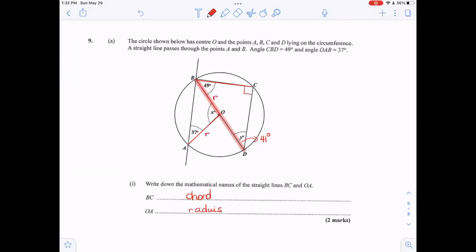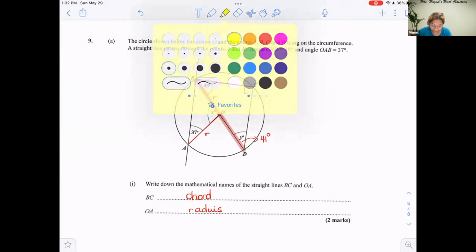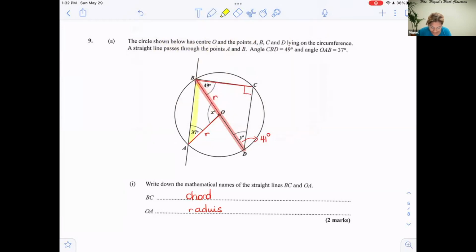Yes, miss. Right. Now, if two sides of the triangle are the same, this triangle has a special name because we have two sides that are equal. How do we call this triangle?